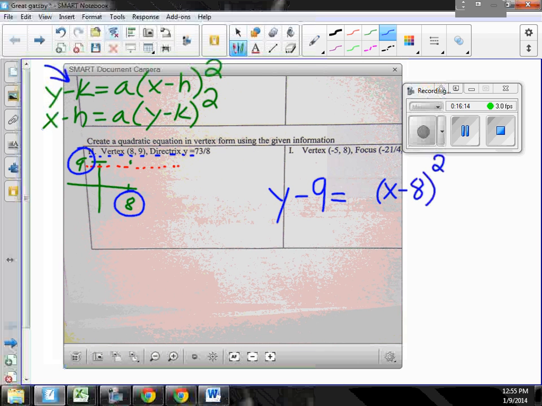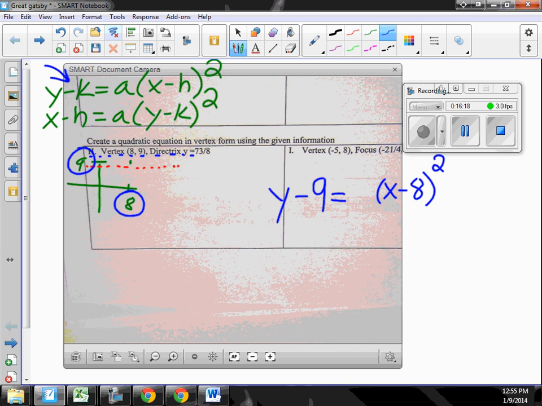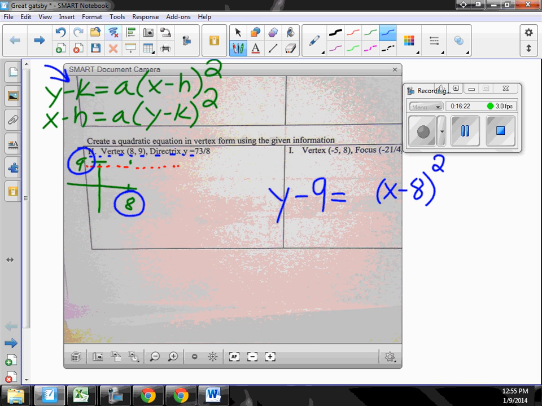Anybody not understand that? Okay. So let's figure out where the directrix is. What is the decimal for 73/8?